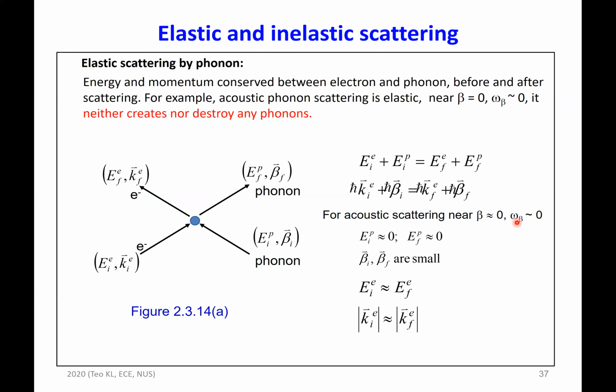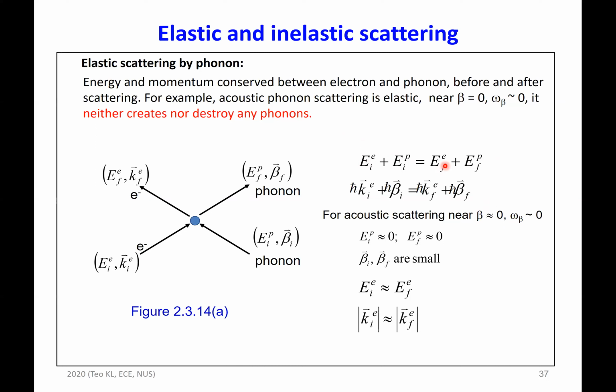So you can see that the phonon energy is h bar omega, so this term and this term go to zero. Initial energy of the electron equals final energy of the electron.